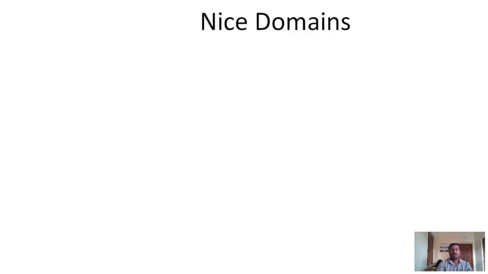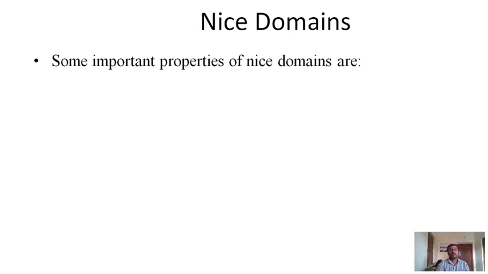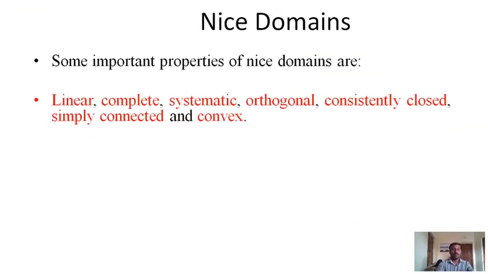Now we are entering into the nice domains concept. Some important properties of nice domains: they are always linear, complete, systematic, orthogonal, consistently closed, simply connected, and convex. These all come under the properties of nice domains.